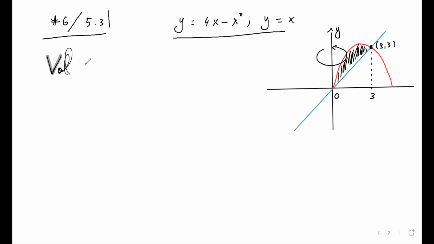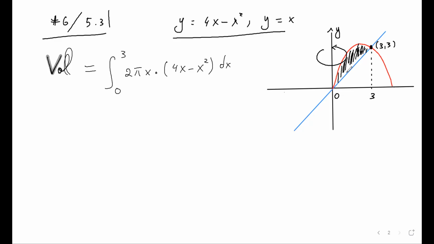So the volume that we want to calculate, folks, is going to be an integral from 0 to 3 of 2 pi times x times the top equation, which is f of x, which is 4x minus x squared, and that's one part of the volume.